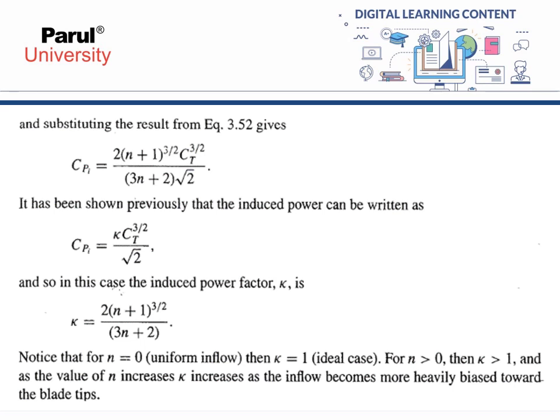It had been shown previously that the induced power can be written as C_Pi = k times C_T^(3/2) upon root 2, and so in this case the induced power factor k is equal to 2 (n + 1)^(3/2) divided by (3n + 2). Notice that for n equal to 0, uniform inflow, k is equal to 1, the ideal case. For n greater than 0, k is greater than 1, and as the value of n increases, k increases as the inflow becomes more heavily biased towards the blade tips.